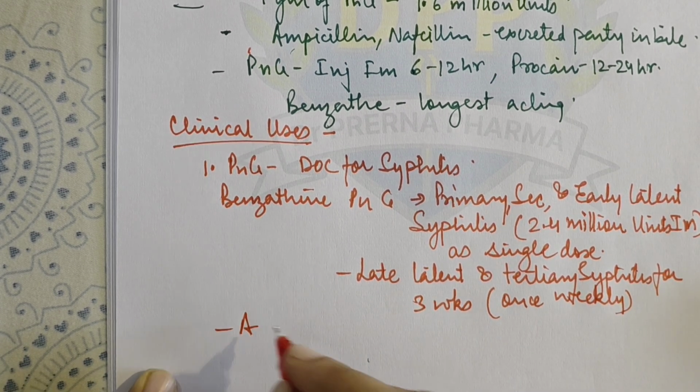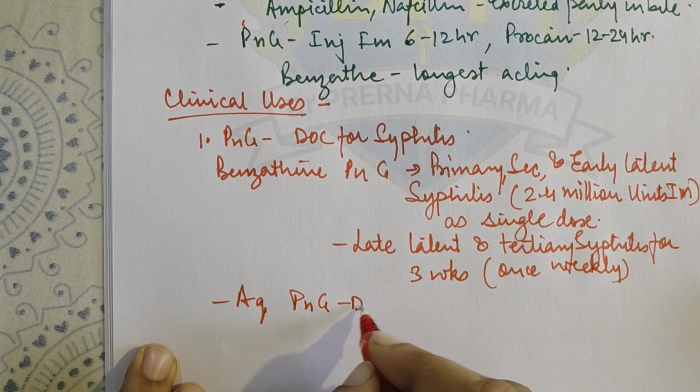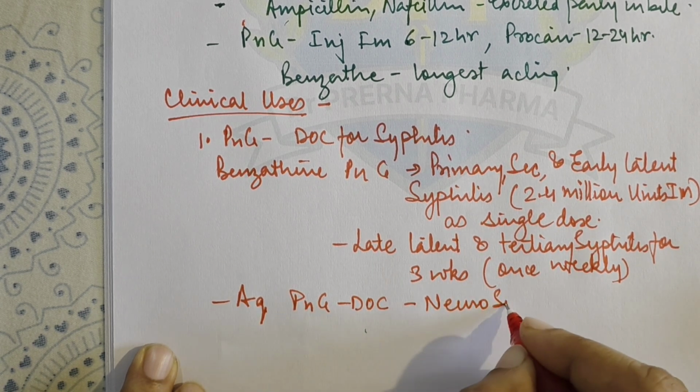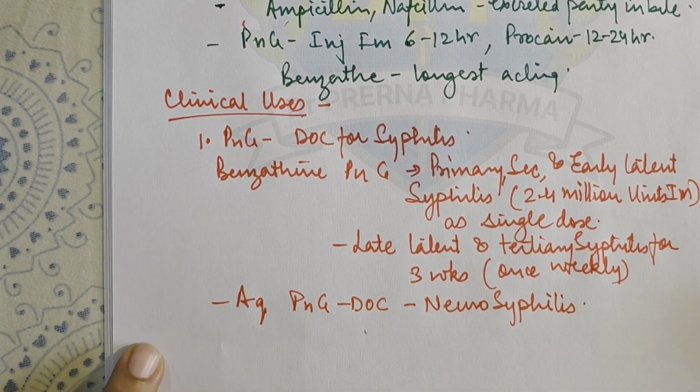Aqueous penicillin G is the drug of choice for neurosyphilis because benzathine penicillin has little entry into the brain.